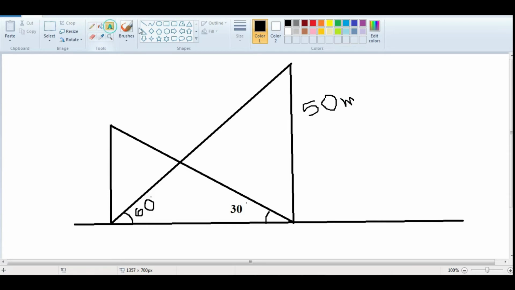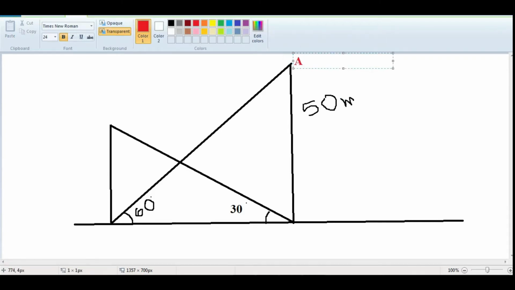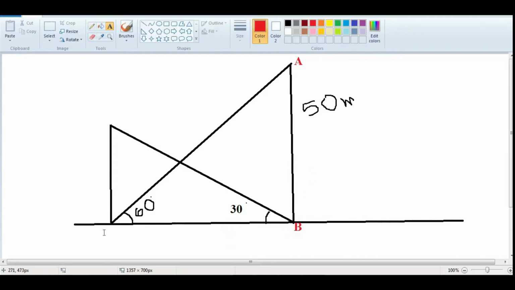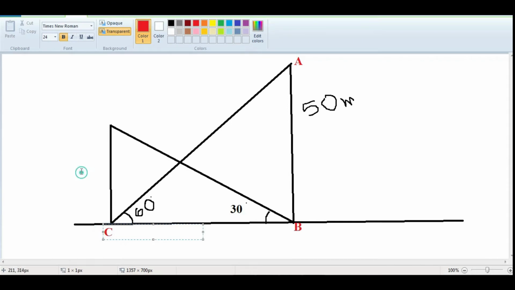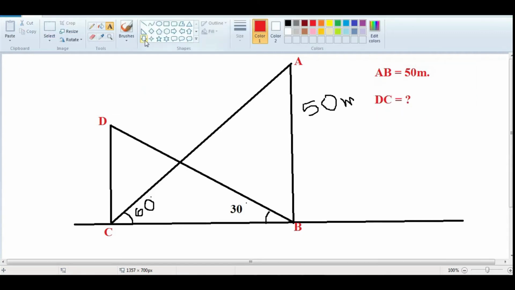Let's name the points. So we just have to find the DC, that is this one.